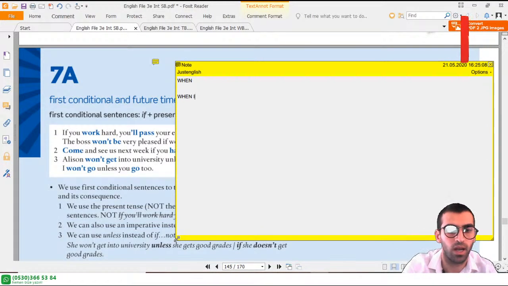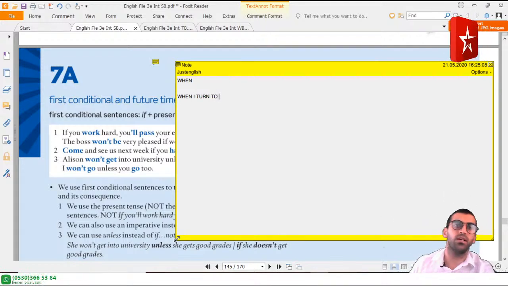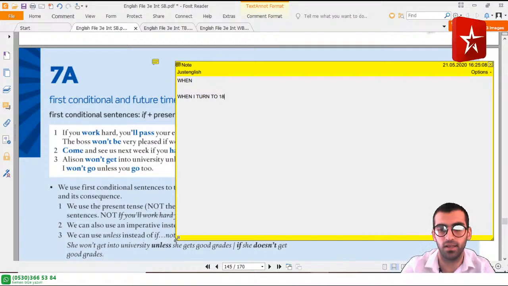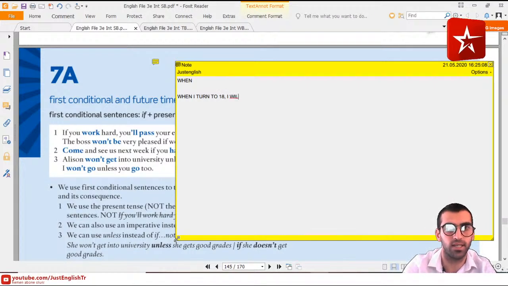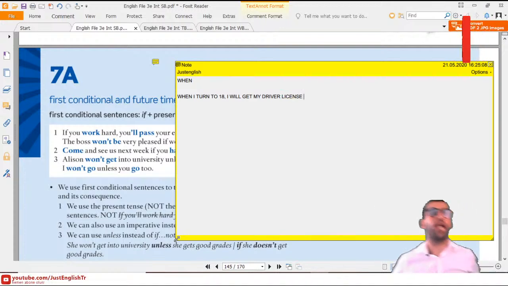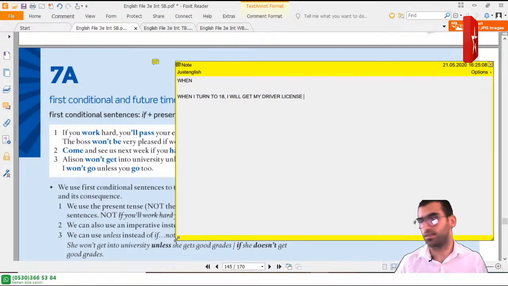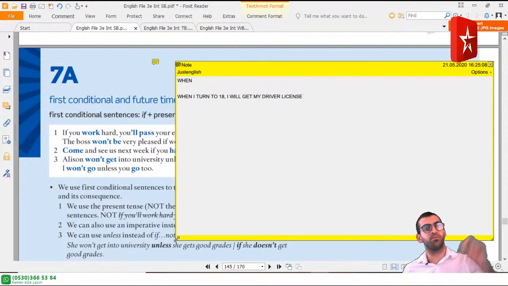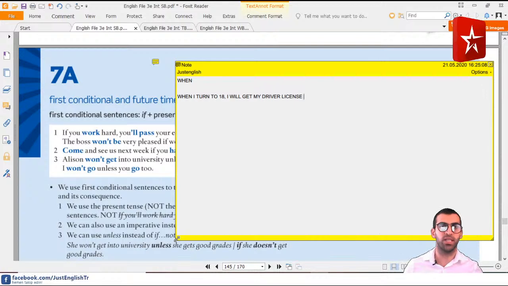When I turn 18, I will get my driver license. Yes. When I turn 18, I will get my driver license. So it means after being 18 years old, I will get my driver license.